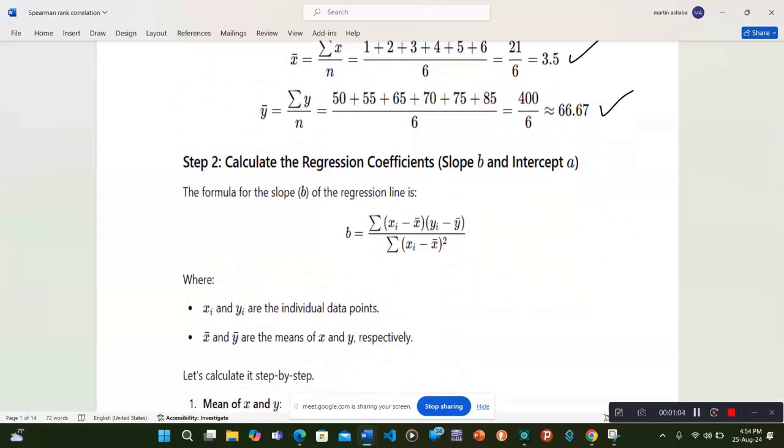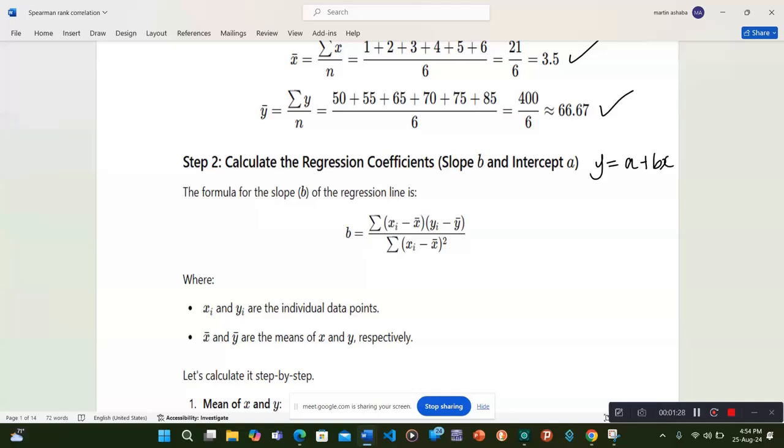Now, you calculate the regression coefficients, b and the intercept a, because our equation is y equals a plus bx. So we are calculating for a, and we are also calculating for b.